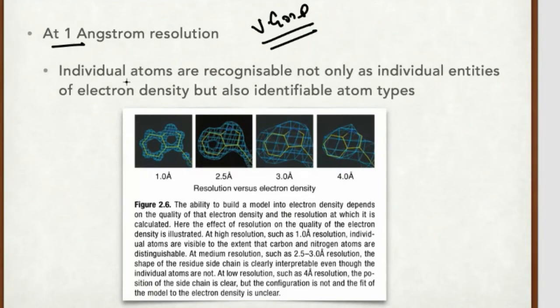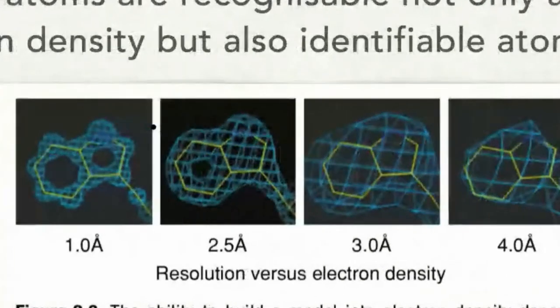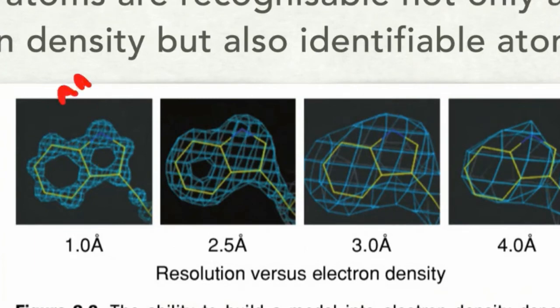Individual atoms are recognizable, right? Through the electron density here, you can see if I zoom a little bit, at 1 angstrom, even compared to 2.5 angstrom, 1 angstrom is much better, because each and every atomic detail is clearly captured. So does anybody know what this amino acid is? Yeah, a 5-membered ring attached to a 6-membered ring.